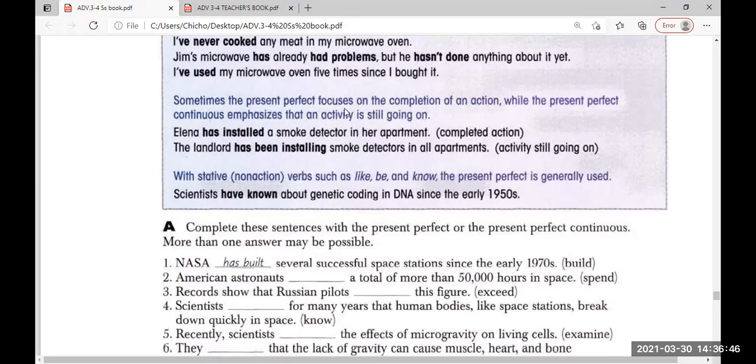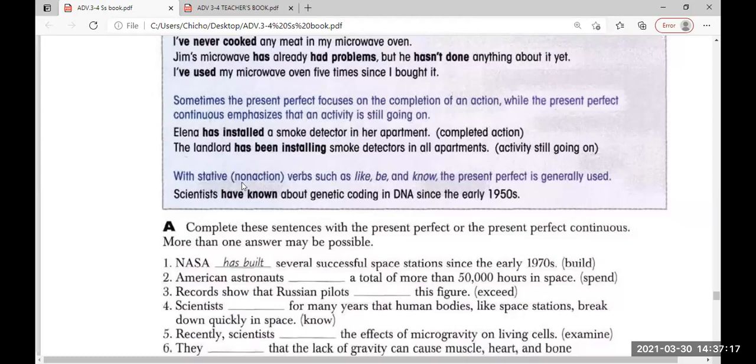Remember that when we talk about a completed action, we need to have a result, an obvious result in the present. For example, in this situation, the smoke detector is installed. Okay, so this is the result. Then we have the landlord has been installing smoke detectors in all apartments. Activity is still going on.